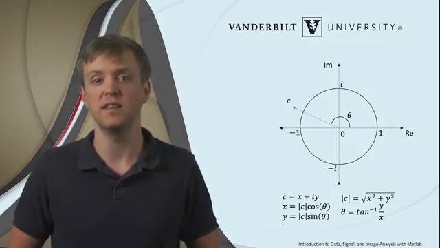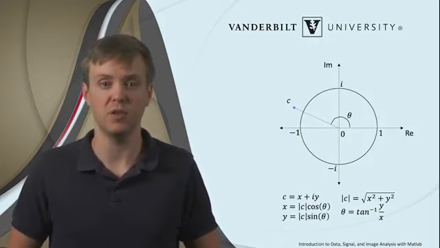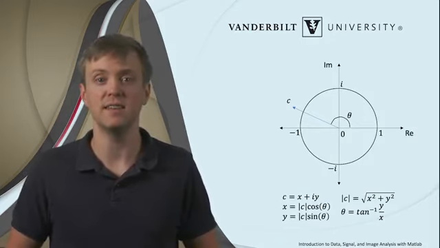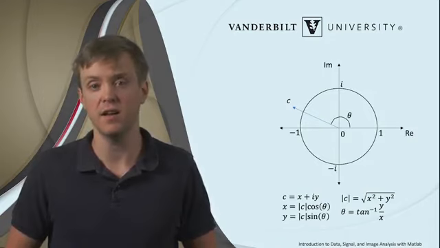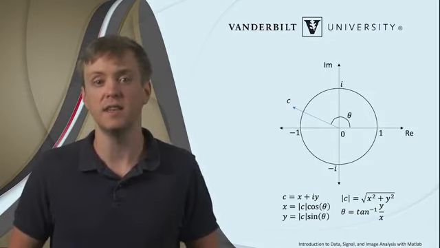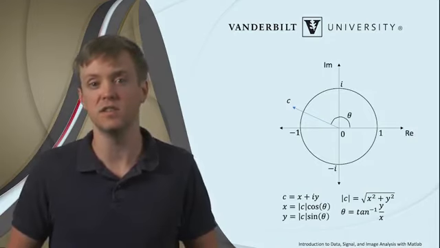More specifically, the length of the displacement vector, which is equal to the magnitude of the complex number, defines the distance from the point to the origin. And the angle the vector makes with the positive side of the real axis, called theta, these are the two quantities needed to define position in this 2D system.